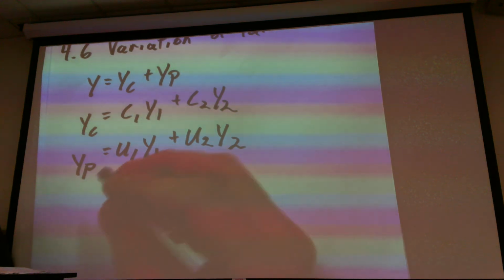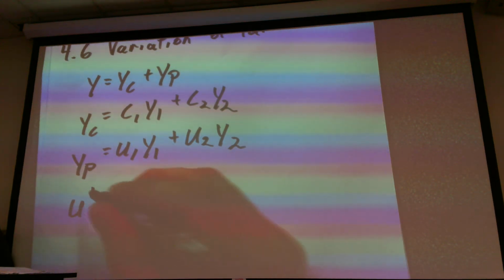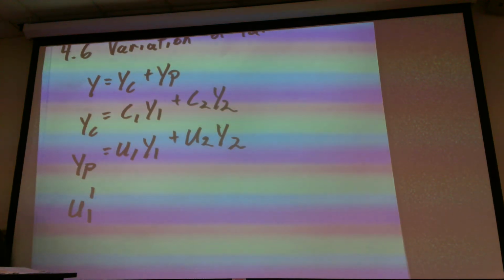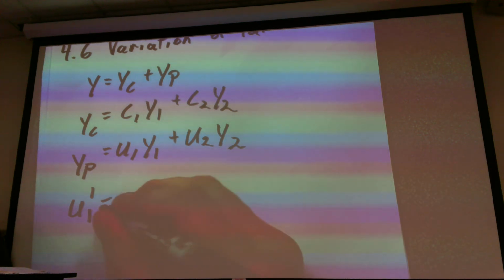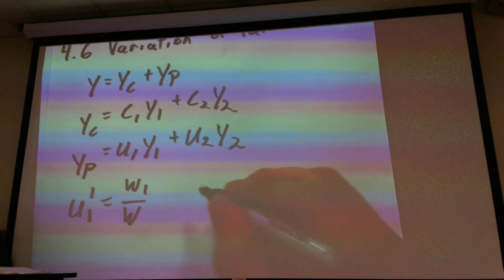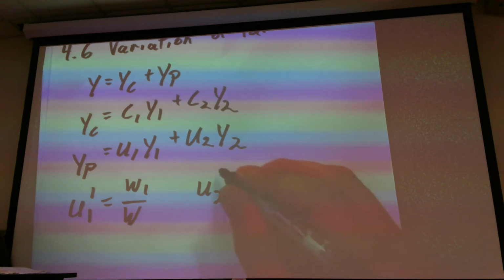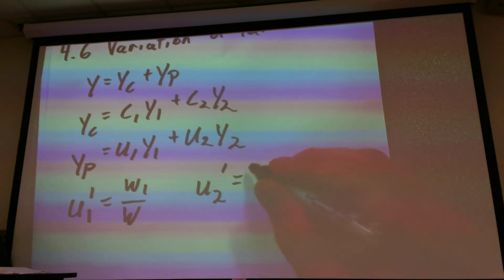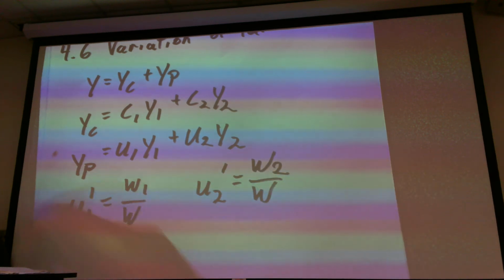Where u1 prime is going to equal w1 divided by w, and u2 prime is going to equal w2 divided by w.